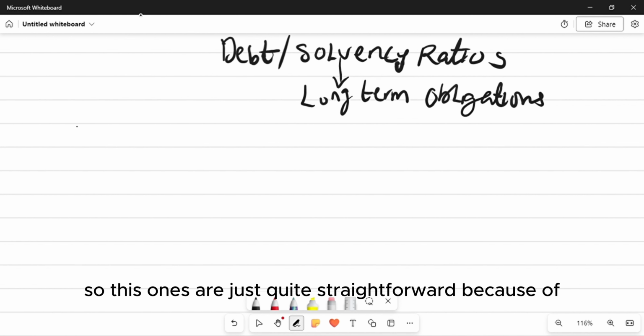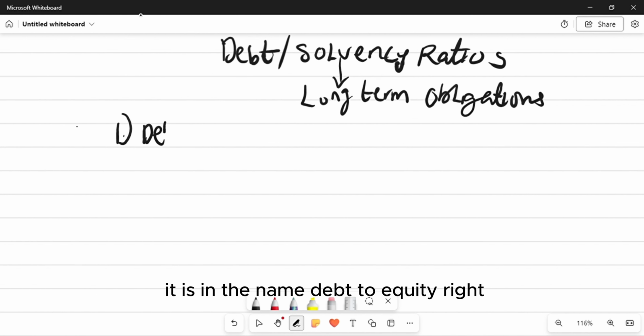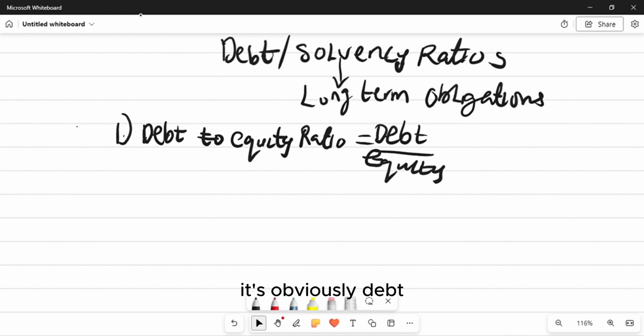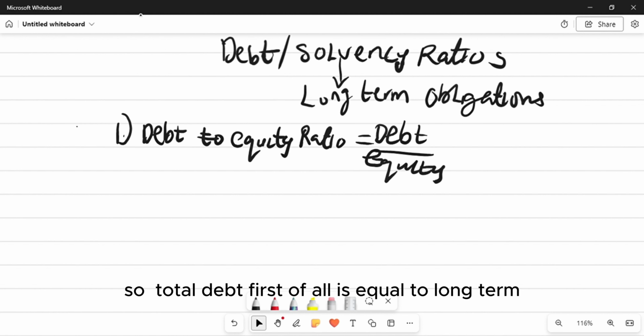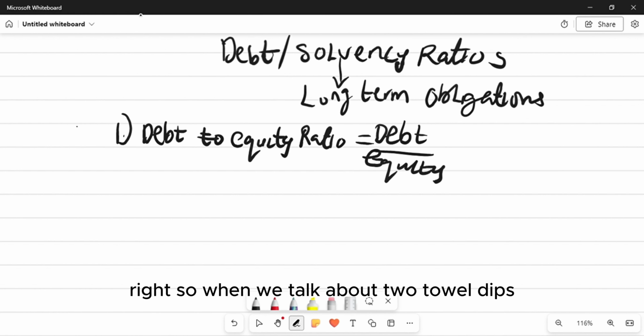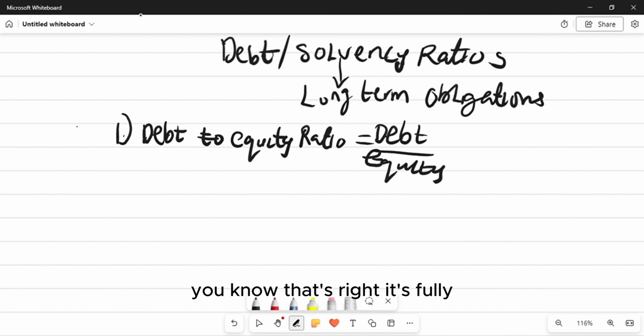These ones are quite straightforward because it is in the name, debt to equity, right? So it is total debt divided by total equity. Total debt is equal to long-term plus short-term debt, right? Let's write it fully.